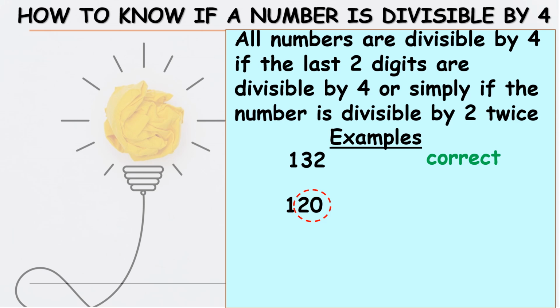We'll consider the last two digits, 20. Is 20 divisible by 4? 20 is divisible by 4 because when you divide 20 by 4, you have 5. Since the last two digits are divisible by 4, therefore 120 is divisible by 4. So that's correct.